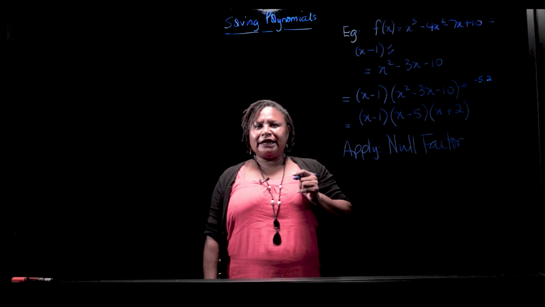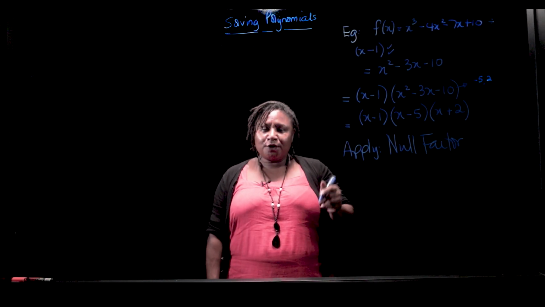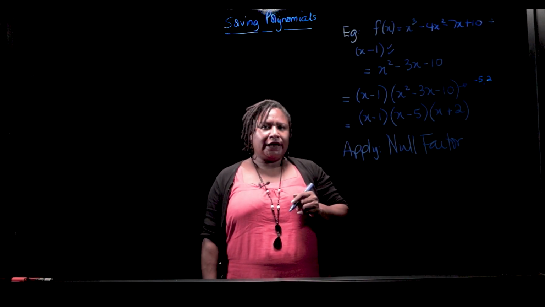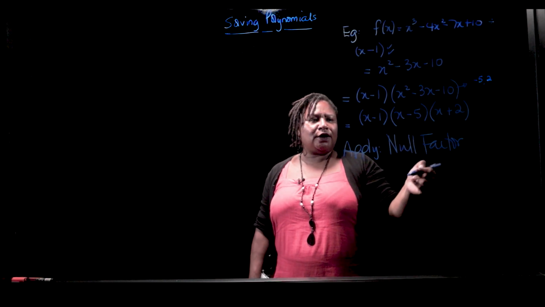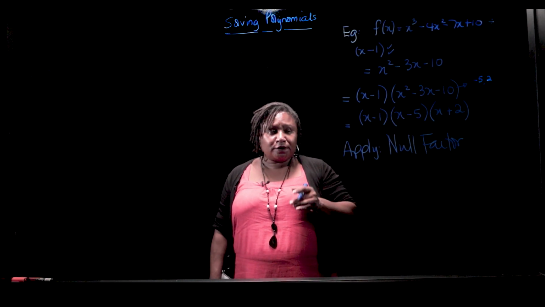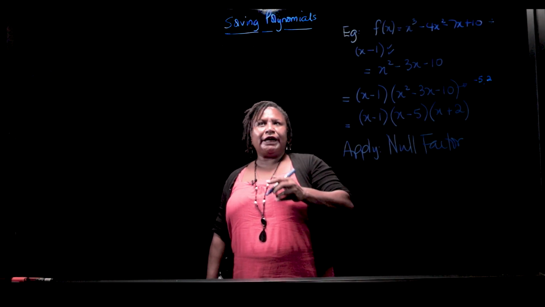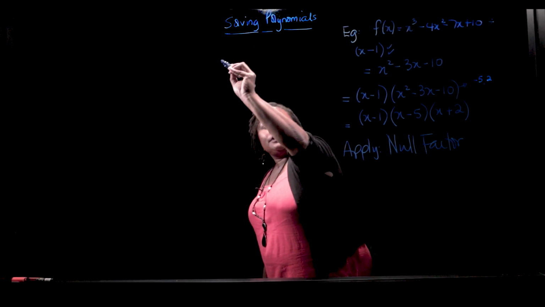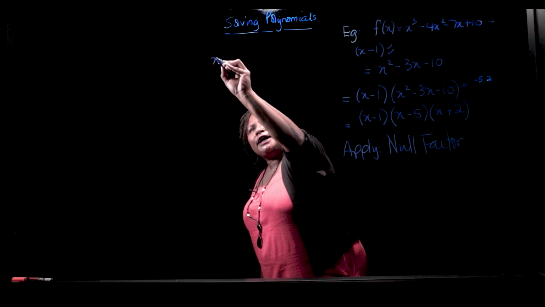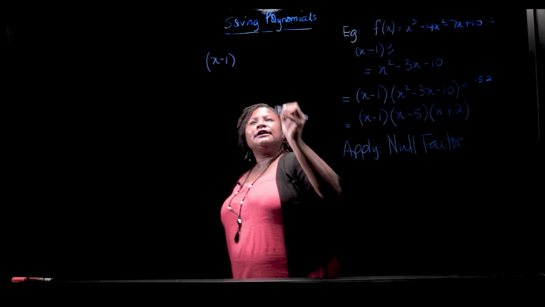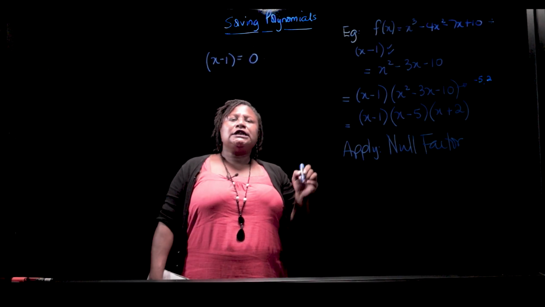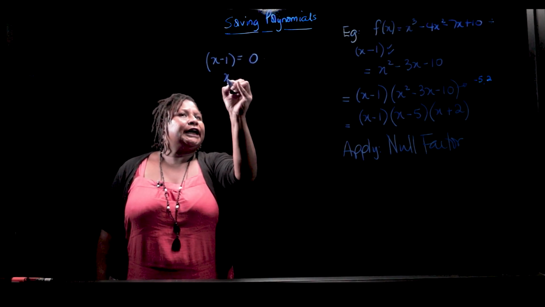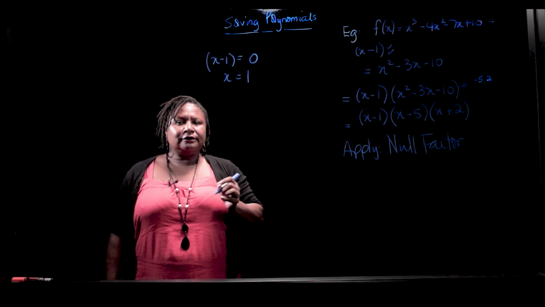Like I said previously, you've already learned the null factor law in solving quadratic equations, okay? So what do we do in the null factor law? We make all these factors equal to 0, okay? So x minus 1 is equal to 0. x is therefore equal to 1, okay?